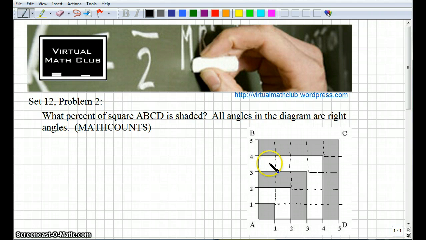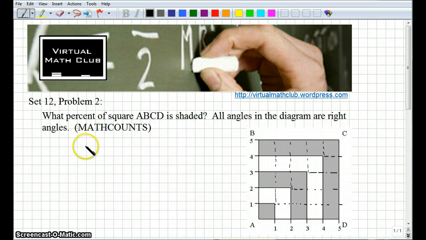And that will help you count up the total area and the area that's shaded, and then you can calculate the percent of the square that's shaded, right?